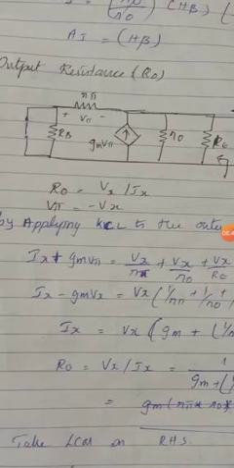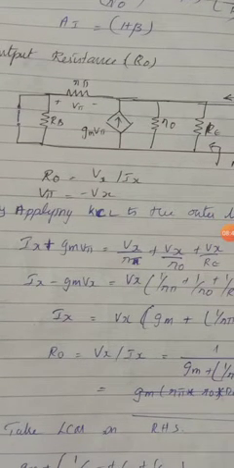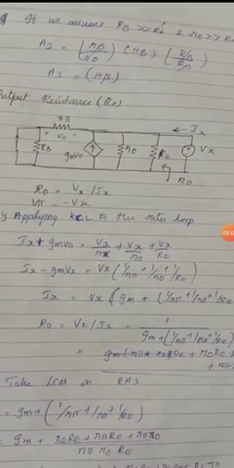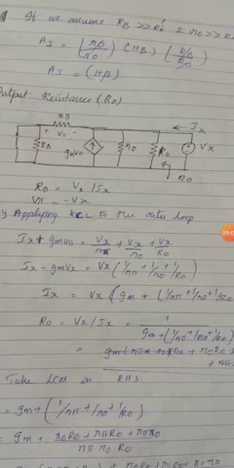When you short circuit this circuit, RB will be short circuited, so V pi will be connected between minus to plus. R pi will be in parallel to this, so V pi will be equal to minus Vx. When you are applying KCL to the outer loop, two currents are entering, Ix and gm V pi. So Ix plus gm V pi will be equal to the leaving currents.